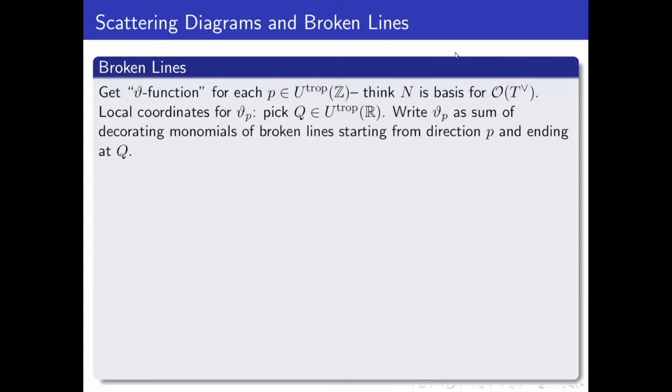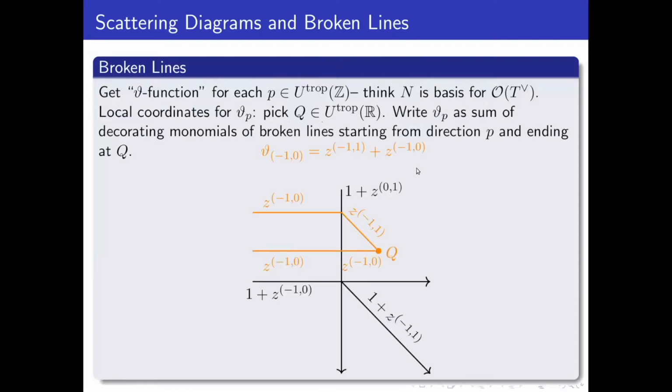So we can write these down in local coordinates. The choice of local coordinates corresponds to choosing a base point in our piecewise linear manifold U trop R. So we'll pick some base point Q, and then the theta function theta P in this local system of coordinates will be written as a sum of decorating monomials of broken lines that start from the direction P and end at Q. So if we want to write the theta function theta minus 1, 0, we start in the direction minus 1, 0 here.